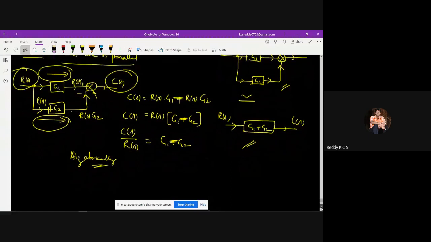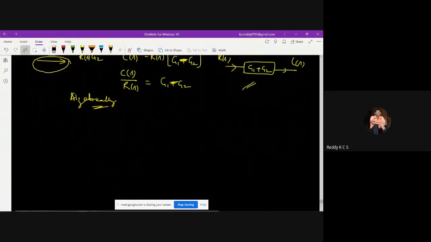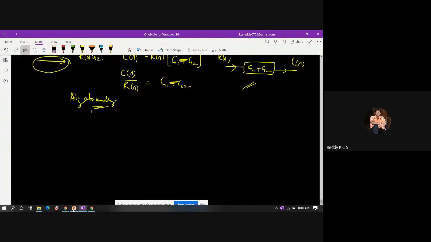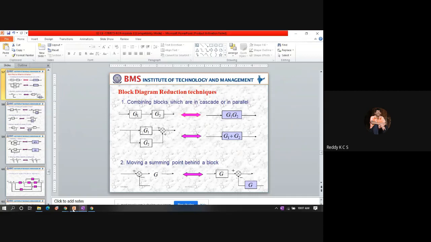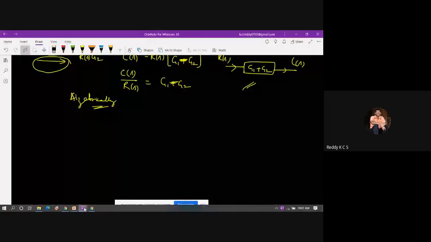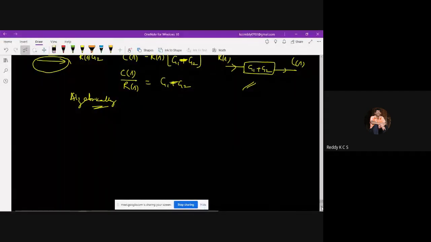Similarly, here if you look at moving the summing point behind the block, there is one more rule.